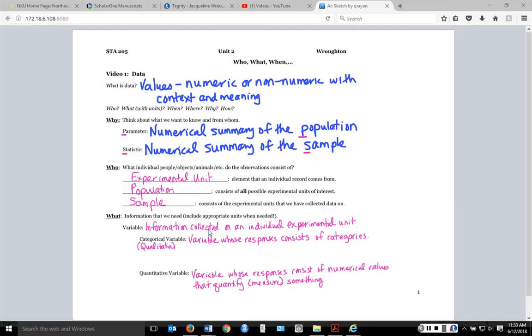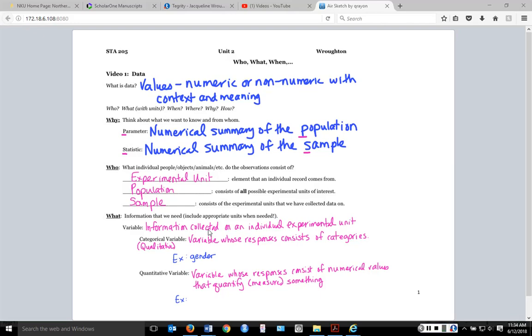So let's start looking through a couple of examples. If I was recording someone's gender, would that be categorical or quantitative? Well, you're either male or female, so that's going to fall under a categorical option.